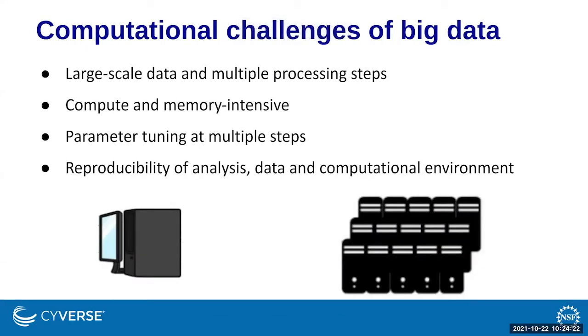So VICE also addresses some of the computational challenges for big data because it's a subsystem in the DE, so it can use the CyVerse compute resources and also the data storage for large-scale analysis.